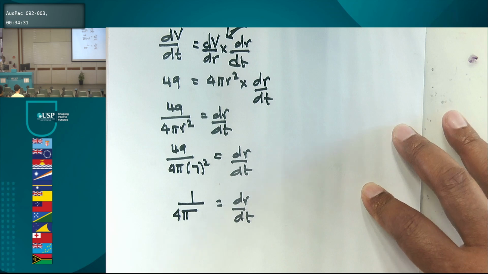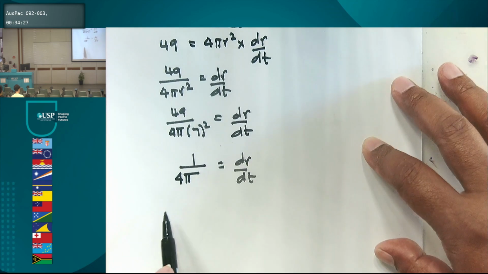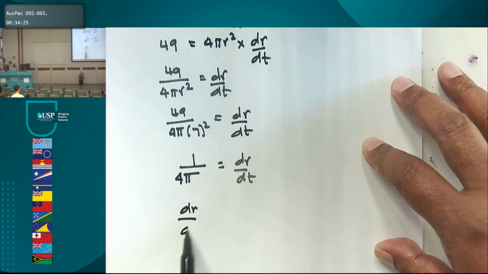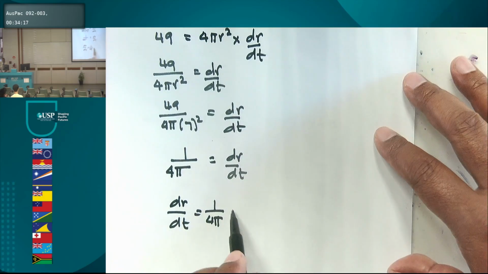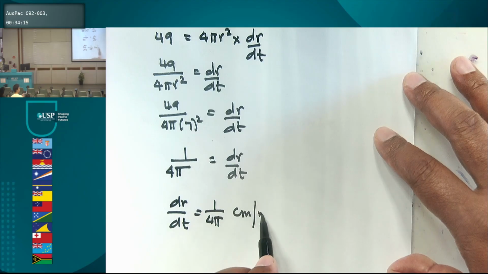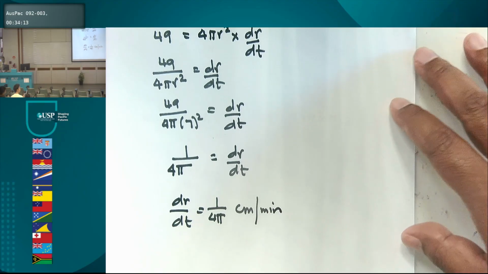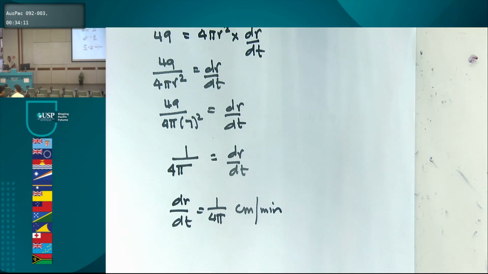Yep. If you want to insert the unit, what unit shall we use here? Because we were using centimeter cubed, so radius, centimeter per minute. The unit is not really important here.